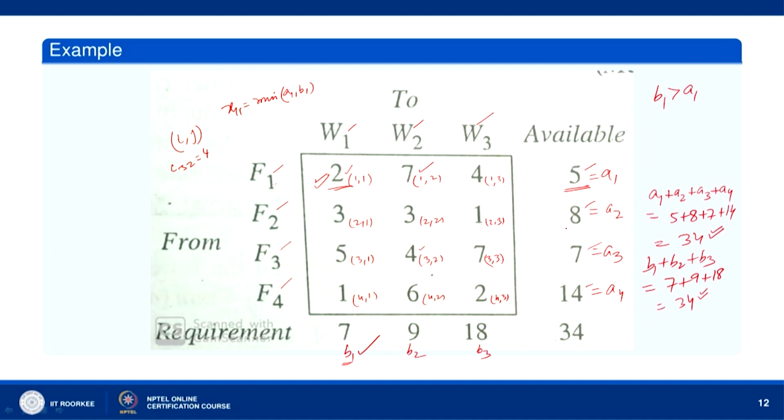At the source F2 we have 8 units available, so from 8 we take 2 and give them to cell 2 1. So the total quantity required at warehouse W1 is satisfied: we get 5 from the source F1 and 2 from the source F2.